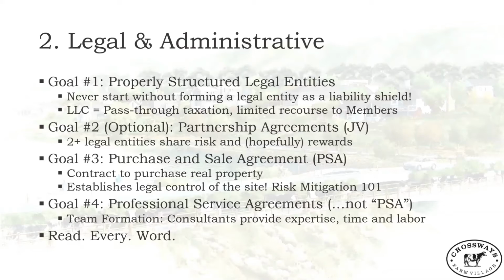Let's just say that in Texas, you both decided to form your own LLCs, limited liability companies, because that gives you a liability shield where they don't come after your personal belongings if you go bankrupt, and you also don't get taxed twice at the personal level and as a member of a company. You only get taxed on a personal level. So there you go. You've got a liability shield set up.